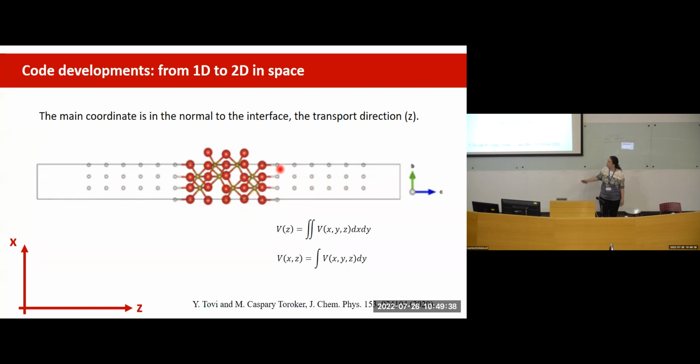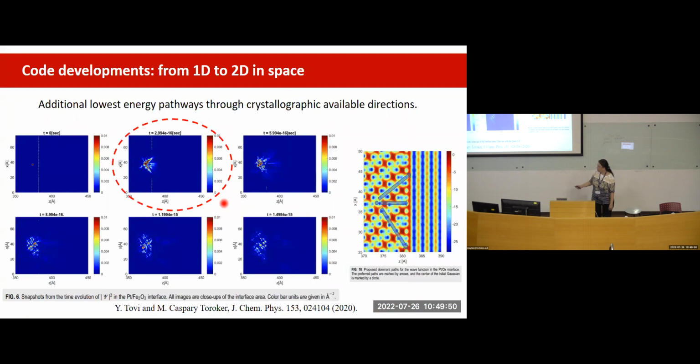But the dimensionality of the material itself is also important because there could be additional scattering in low energy directions for charge transport. So in this study, we actually propagated the charge in a two-dimensional contour to test how good the one-dimensional approximation is.